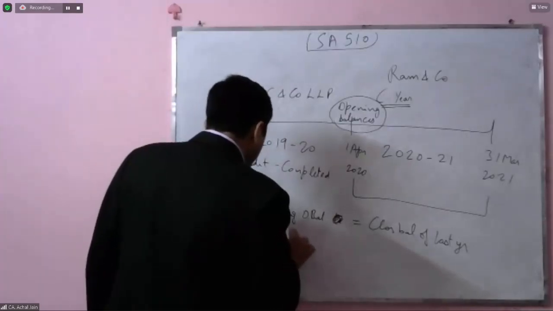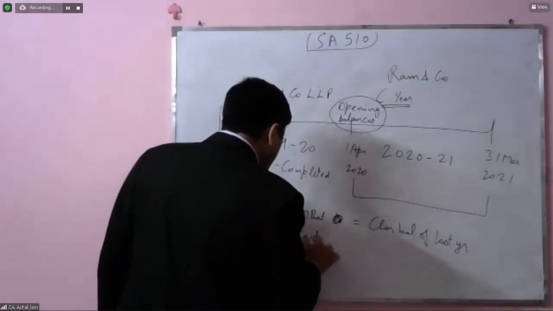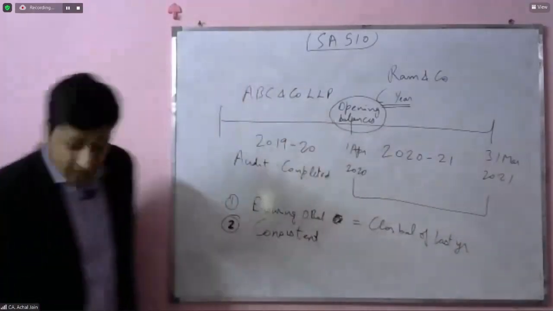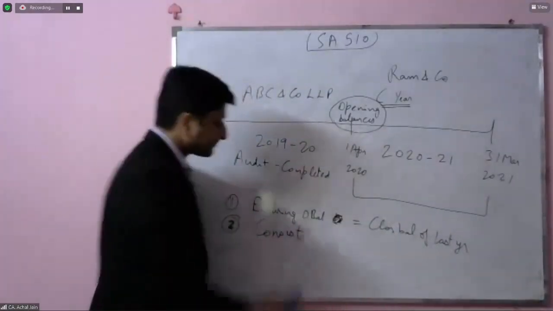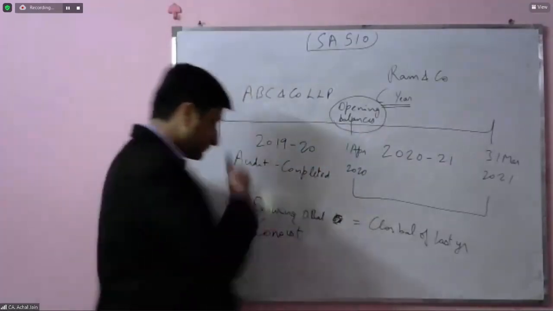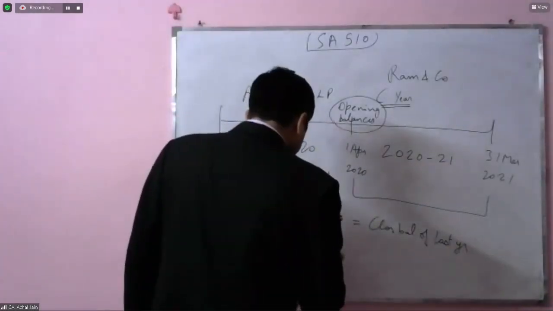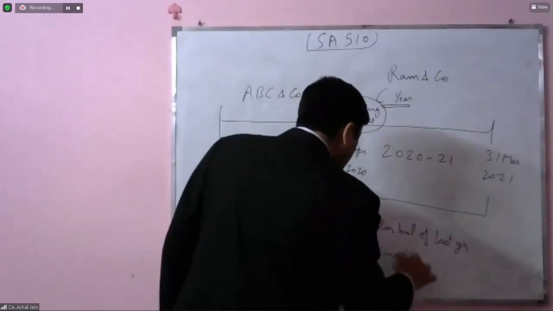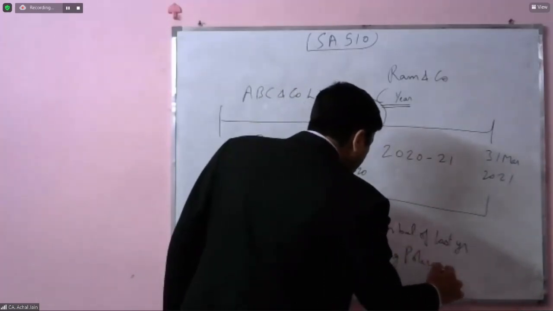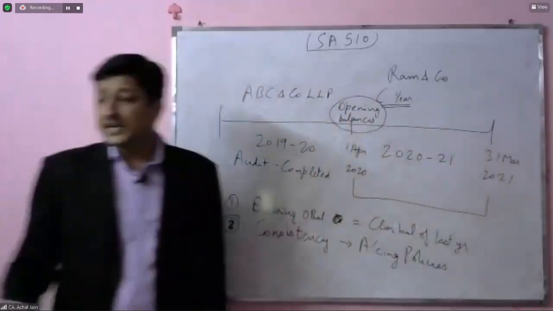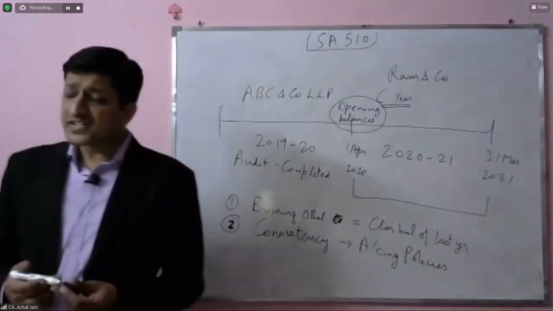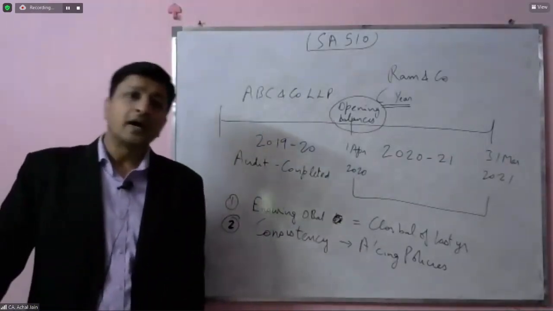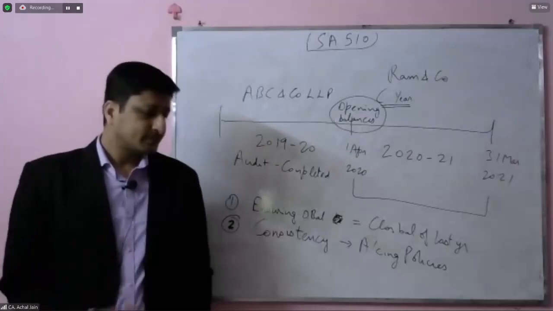So the next point which the new auditor will have to consider would be the consistency of accounting policies. This is the second procedure, and this is again a very, very important procedure on the part of the new auditor.